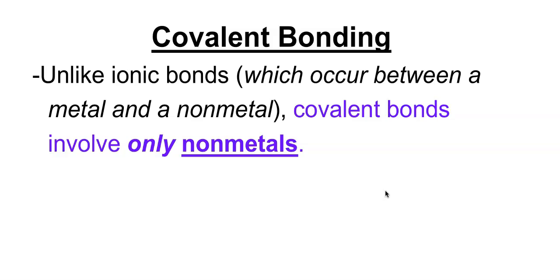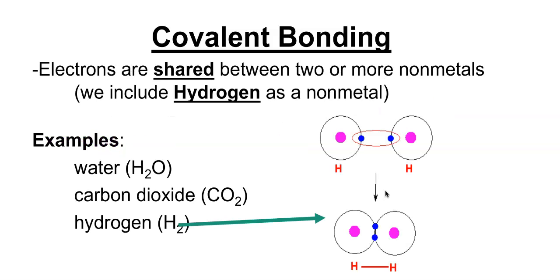Covalent bonding does not have these issues. In a covalent bond, electrons are shared. So in ionic bonds, they were transferred. The metal would give away its electron to the nonmetal, but in covalent bonds, they share electrons. Okay, they're sharing.